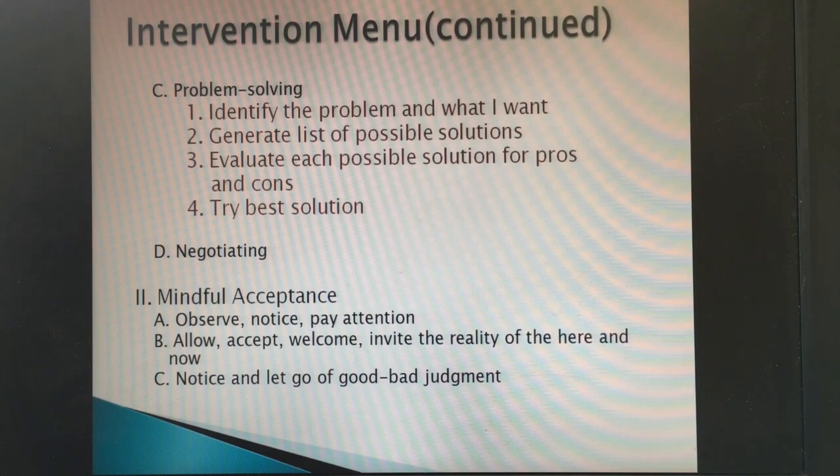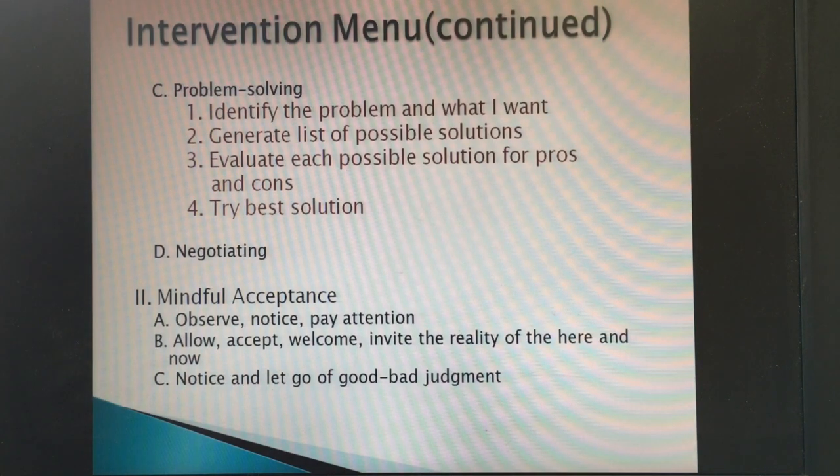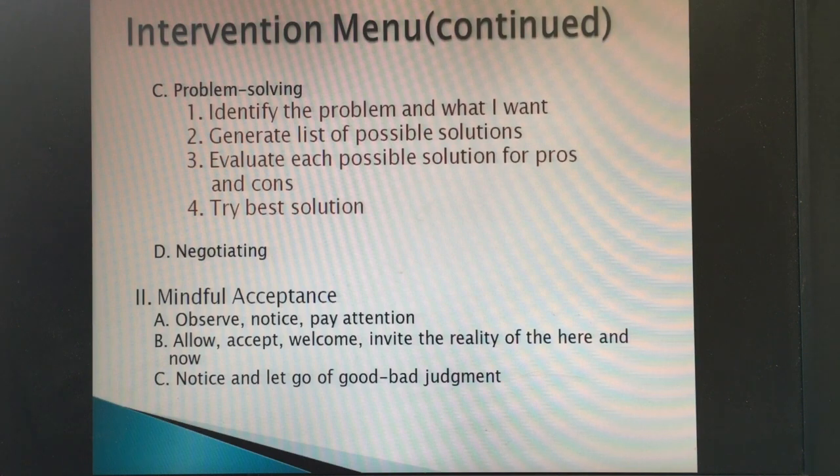They all say you have to identify what the problem is, or identify what you want. Then there's always a portion where you are thinking it through, trying to generate a list of possible solutions. When you're generating the solutions, you're brainstorming. You're not supposed to be crossing them off the list too soon.